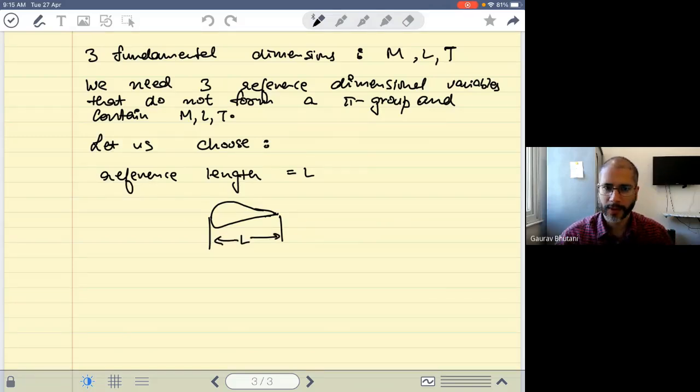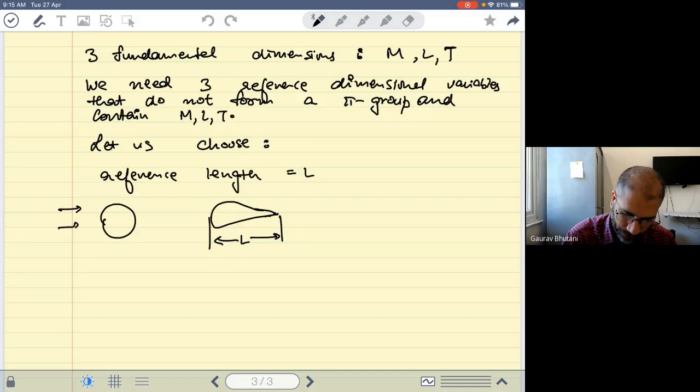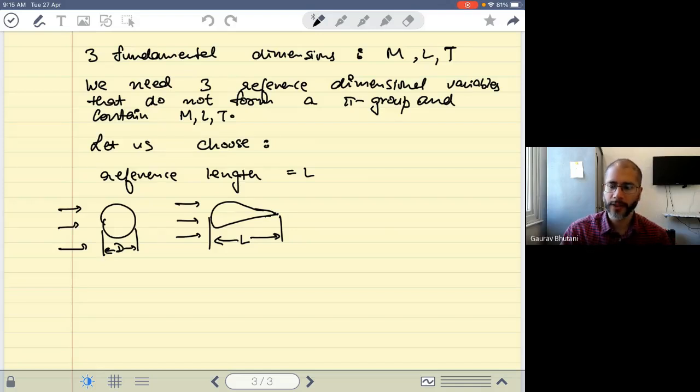Okay, so this length matters. And for example, if you have flow happening across a circular cylinder, then you can take the diameter of this cylinder as the characteristic or reference length. That reference length is our choice depending on the problem that we're dealing with, the problem geometry.